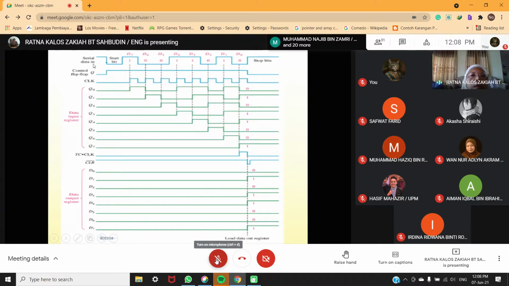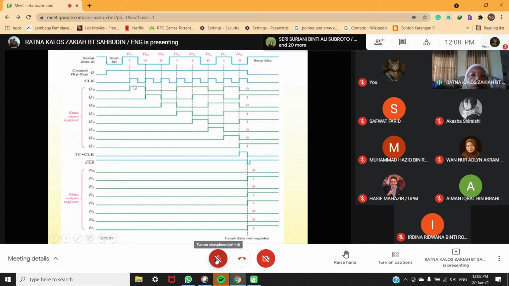Okay, so here serial data in, you have here all the data inside here, and then you have control flip-flop. Okay, you have clock here. This is positive edge because you look at here at the positive edge here. And then here, data input register. Okay, so now look at here.